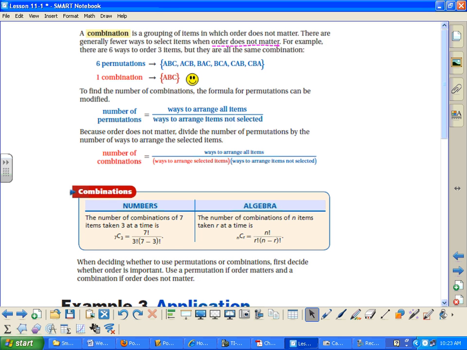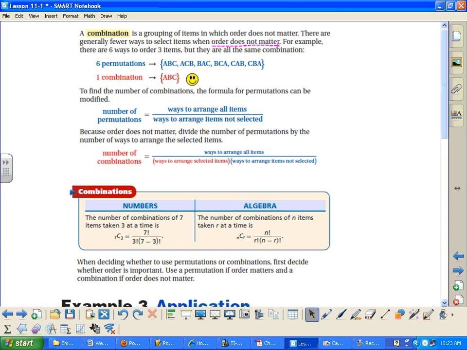Because it doesn't matter whether I put A, B, or C first. As long as the letters A, B, and C are being used, there's only one way to do that as far as a combination. A permutation that's 6 different, because order matters. A combination, there would only be 1.